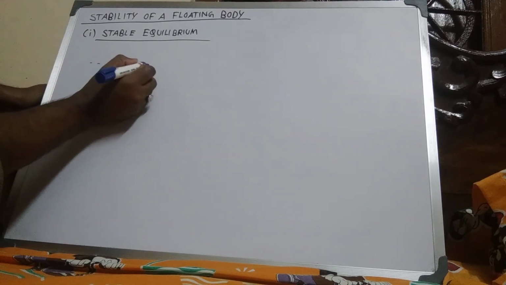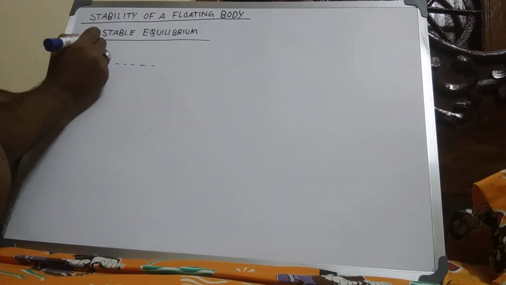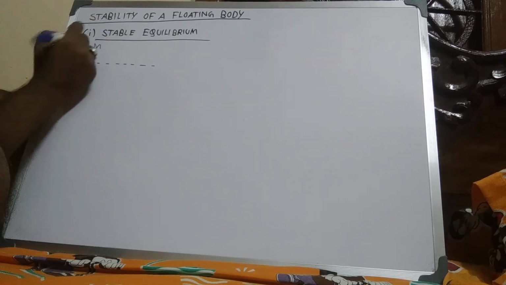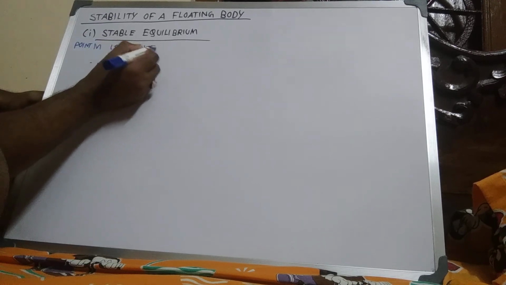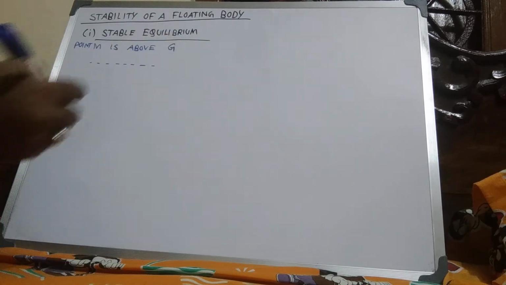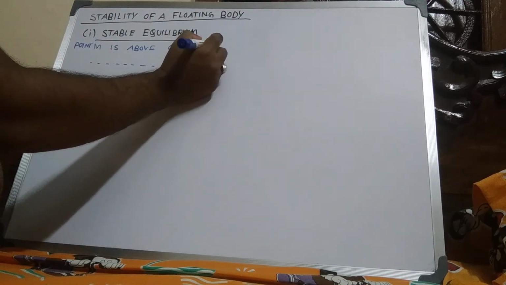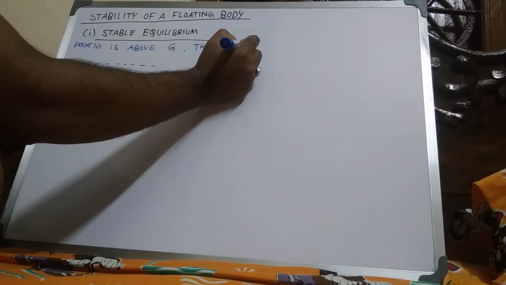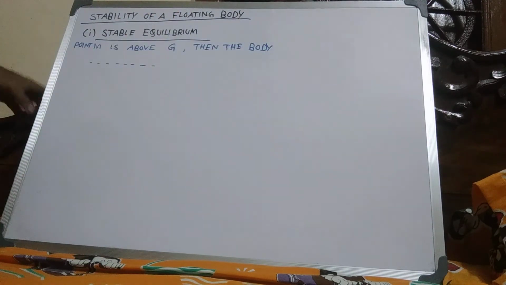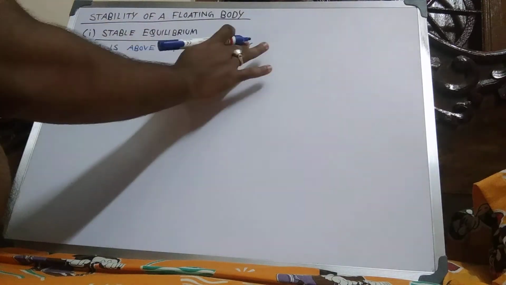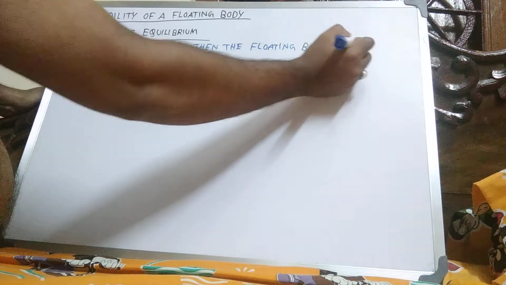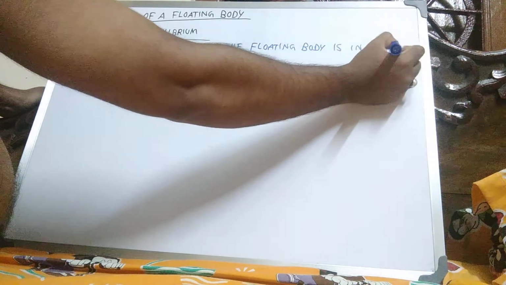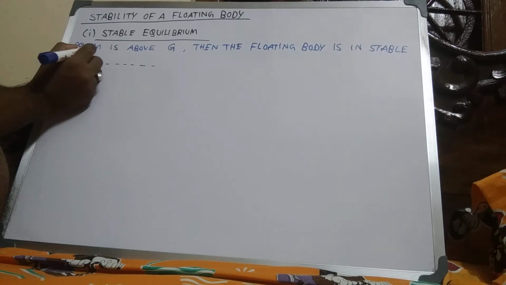For stable equilibrium, the point M is above G. Then the floating body is said to be in stable equilibrium.